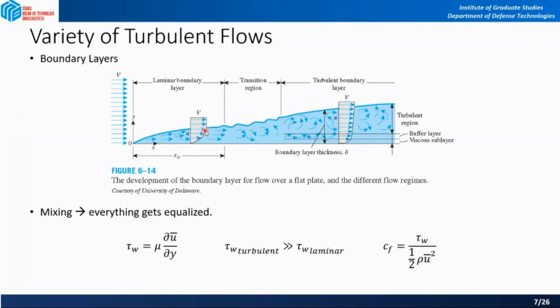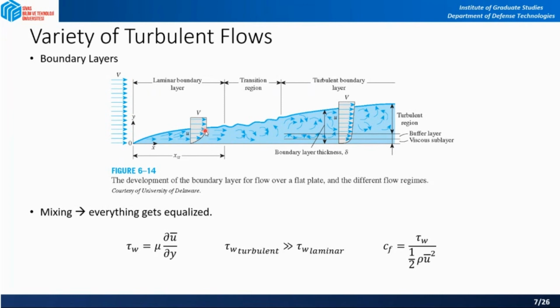If they were interacting, then the faster layer, or the higher momentum layer, would transfer some of its momentum to the lower part, and the lower layer would drag or hold back the upper layer. So in turbulence, there is a lot of interaction between fluid layers, which could be moving with different momentum values.